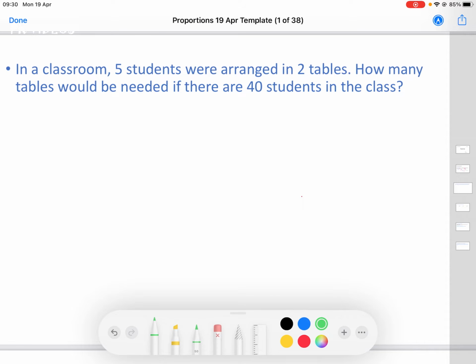Now, let us see a question. In a classroom, 5 students were arranged in 2 tables. How many tables would be needed if there are 40 students in the class? In this case, we have a ratio of tables to students.